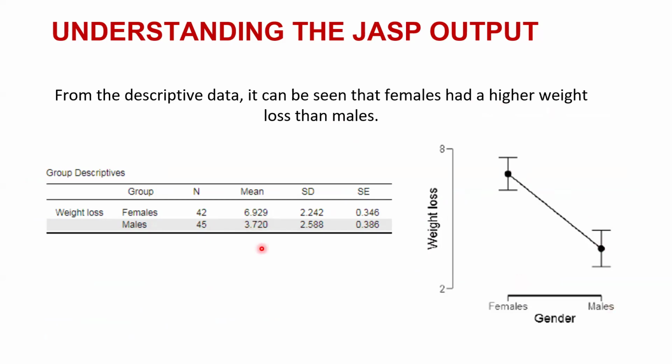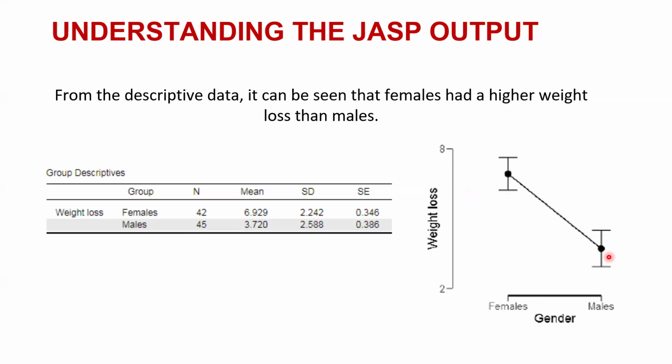The males have a mean weight loss of 3.72 kilograms. Comparing the two, the female group had a higher weight loss. And as per our previous slide, there is indeed a significant difference between the two. So the females have significantly higher weight loss as compared to the male group.